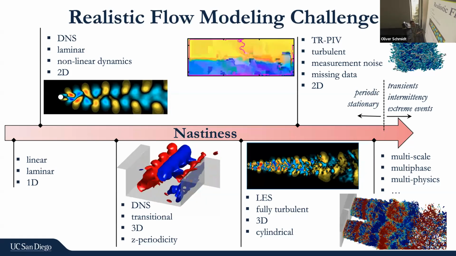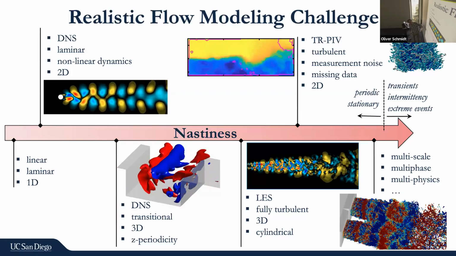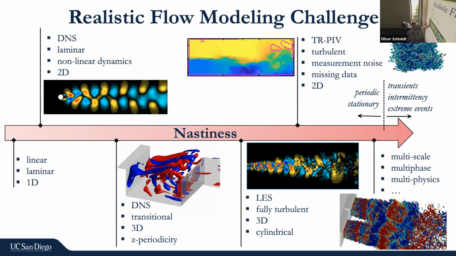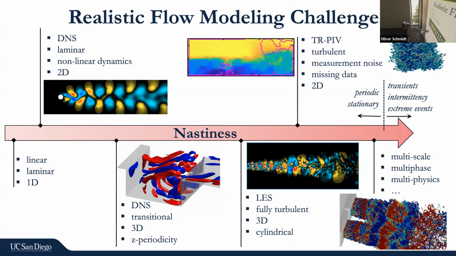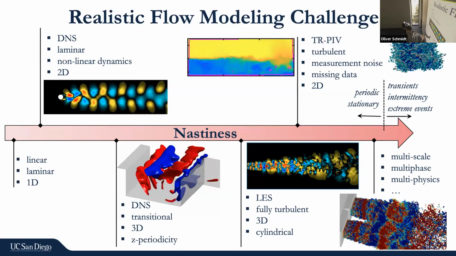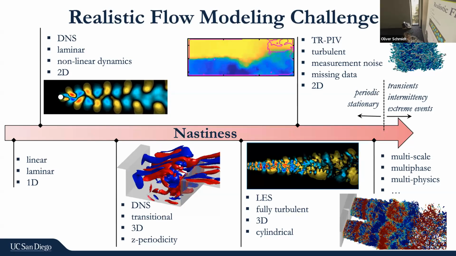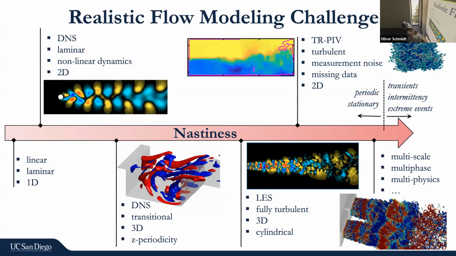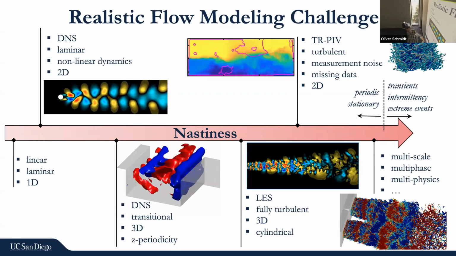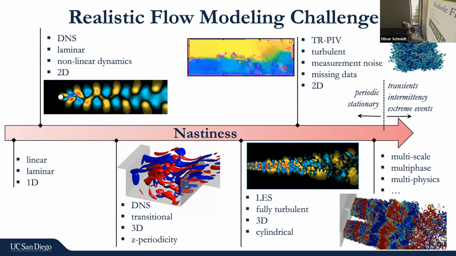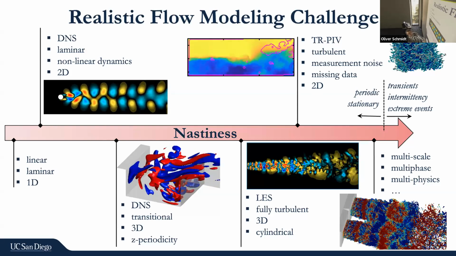On the left here, we are in our peaceful linear laminar one-dimensional world, and it gets maybe 2-dimensional. We can see the nonlinear dynamics, the low Reynolds number cylinder flow. These are flows I'm going to show you today, but for the nastiest one. Then we are 3-dimensional as a transitional flow, so we get into the turbulent regime, but we still have spanwise periodicity here, so this is nice clean DNS data.